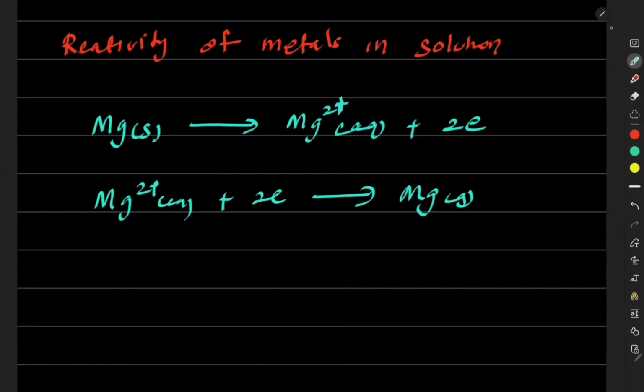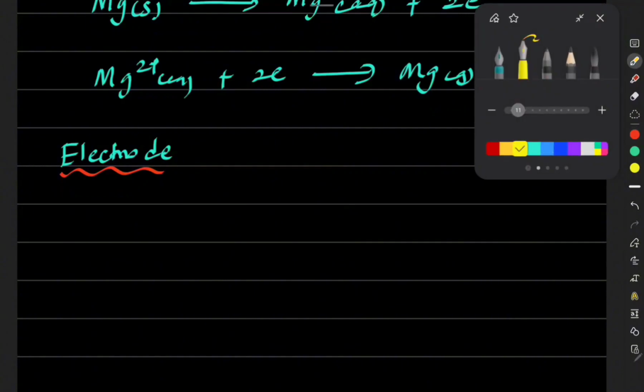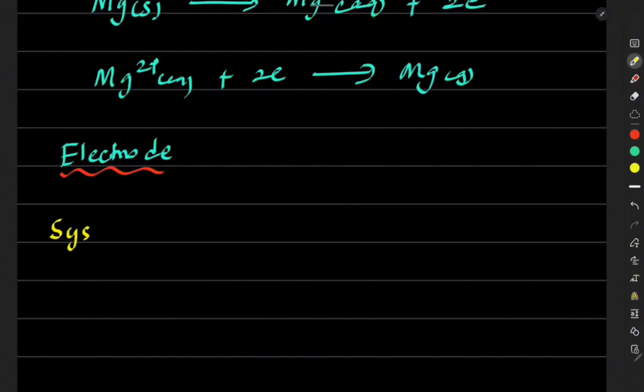In our syllabus there are 4 types of electrodes. What is an electrode? An electrode is a system where a metal is in dynamic equilibrium with its ions.